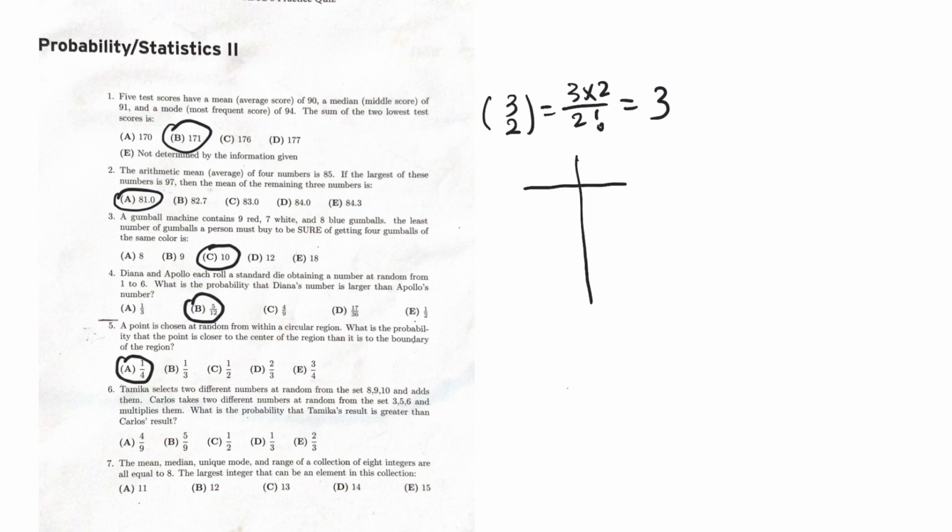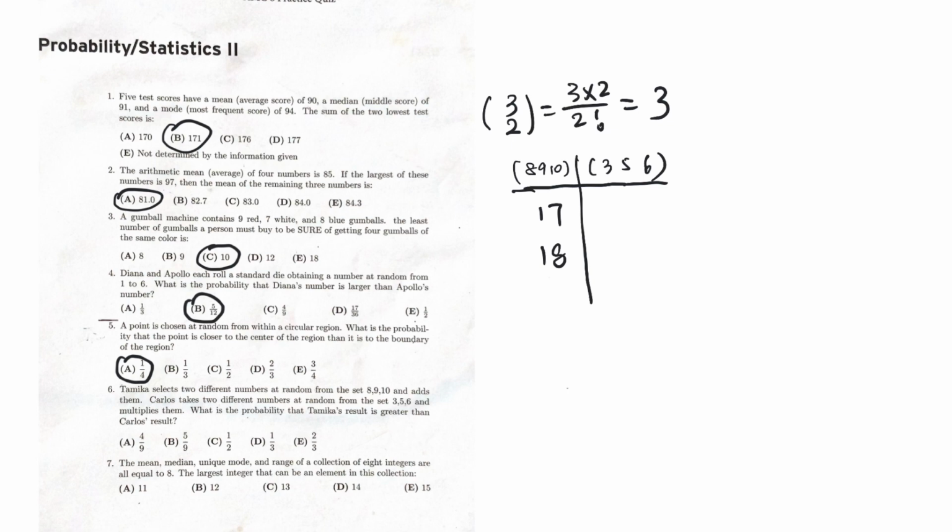So the set of 8, 9, 10, and then the set of 3, 5, 6. Now, for the first set, 8 plus 9, that's 17. 8 plus 10, that's 18.